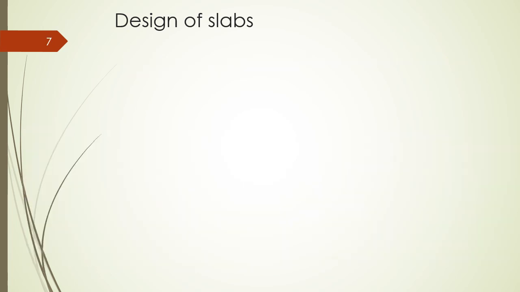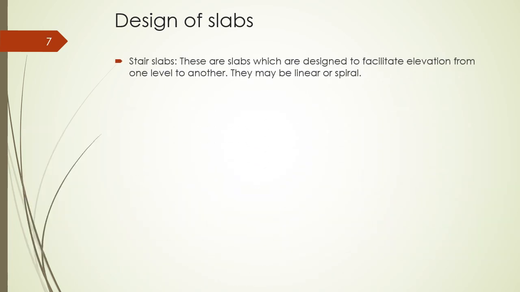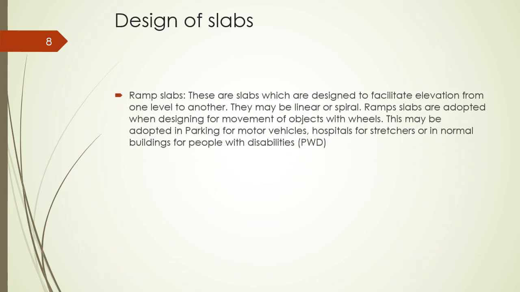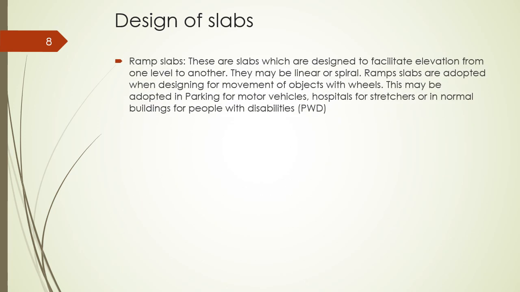The fourth type of slabs are stair slabs. These are slabs which are designed to facilitate elevation from one level to another. Stair slabs could be linear or spiral. The fifth type of slab are ramp slabs.